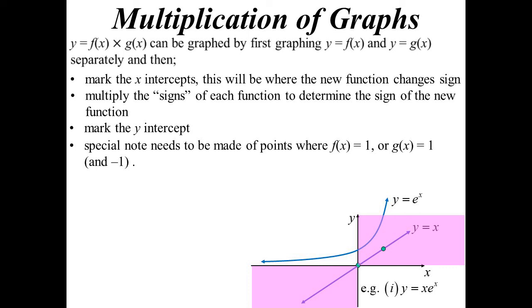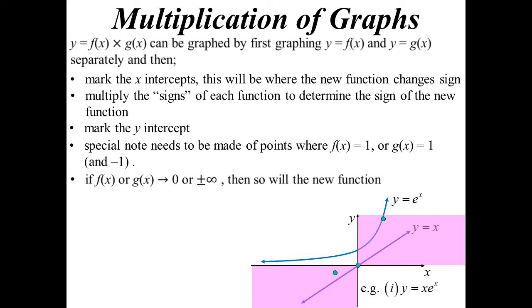I'd be multiplying my e to the x curve by 1, so I must end up on the e to the x curve at that value. And then I could do a similar thing with negative 1. Over here at negative 1, I'd be multiplying, although I won't end up on this curve because it's the negative of it, but it'll reflect and be below. So there's a couple more points that I know.